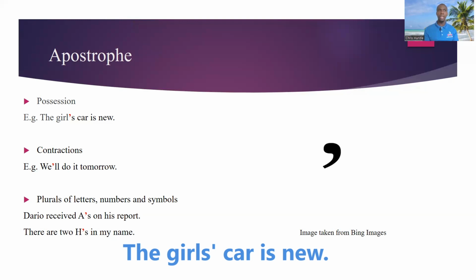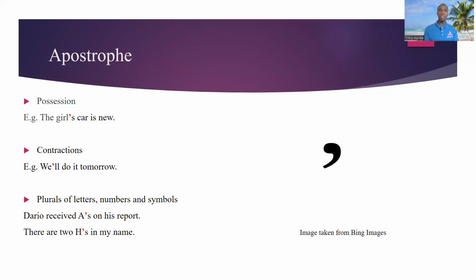To indicate that the car belongs to the girls as a plural, right? But because it's singular, it would be apostrophe S, right? So yes, that's how the apostrophe works in English. It is used for possession, right?